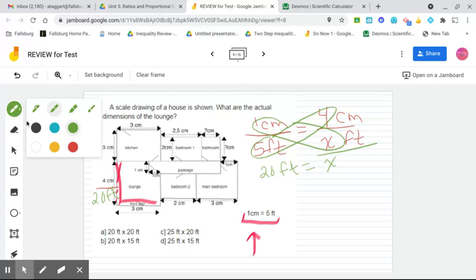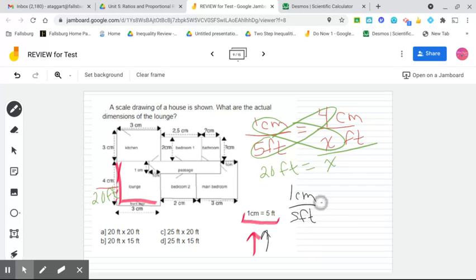I'm going to do the same thing for the width, which is 3 centimeters. But again, I'm going to use my scale. 1 centimeter over 5 feet equals, so I have 3 centimeters. Again, I'm going to put that in the numerator because I want centimeters and centimeters to line up. They should be equal, which leaves x in the denominator, and I have x feet.